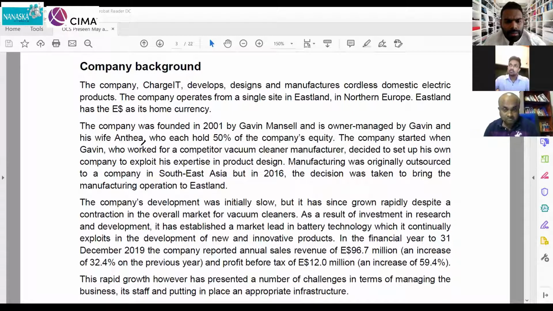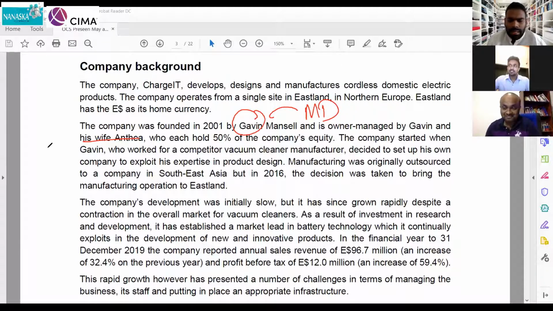It says the company was founded in 2011 by Gavin. He's the owner. So basically Gavin is the MD, the managing director, and it's his wife Anthea, I hope I pronounced the name correctly, who each hold 50% of the company.